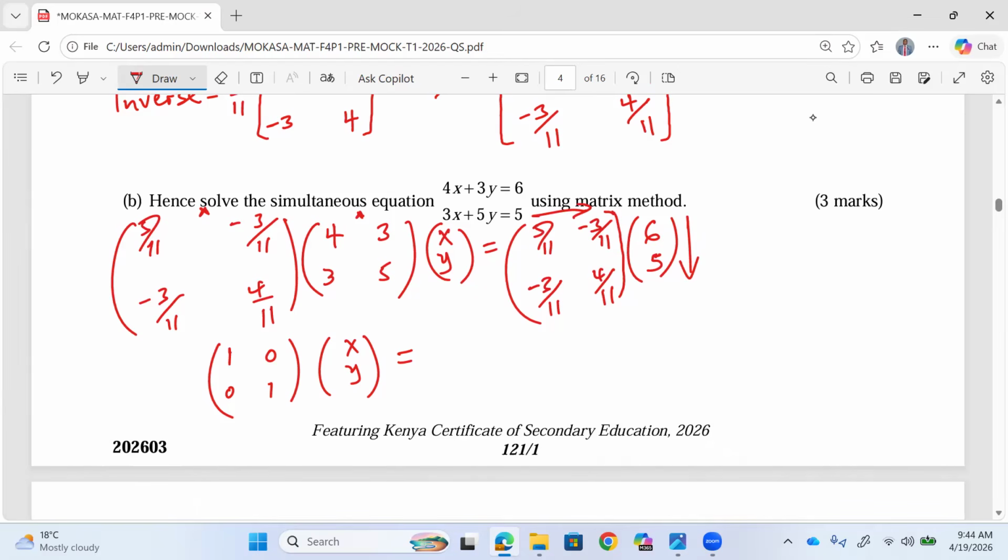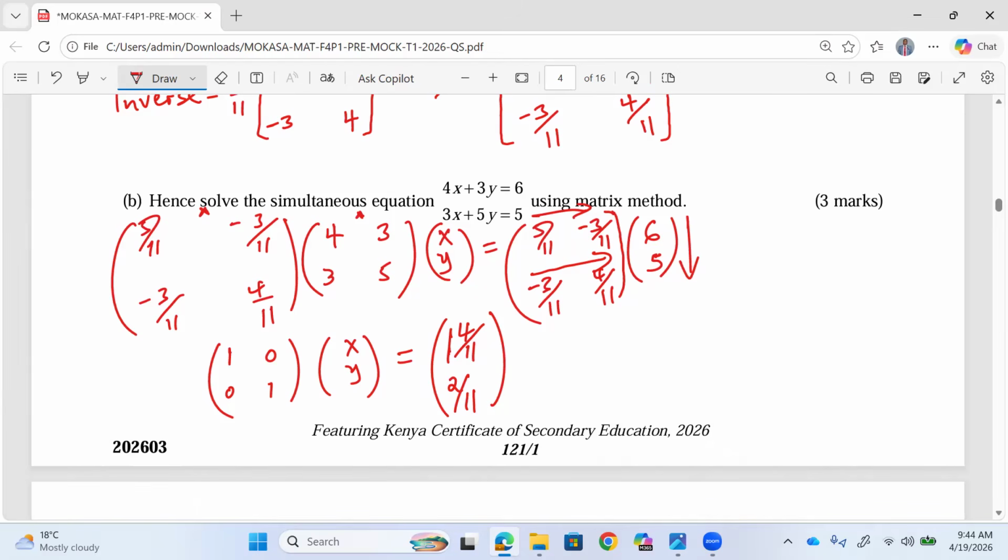So this is giving me exactly 1 and 4 over 11. And on the other side, it should be the second row times the same column. So negative 3 over 11 into 6, then plus 4 over 11 into 5. So here I'm getting 2 over 11.